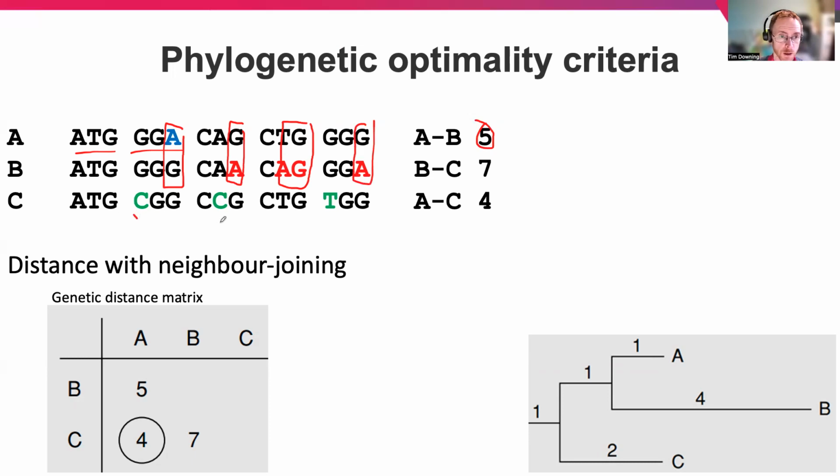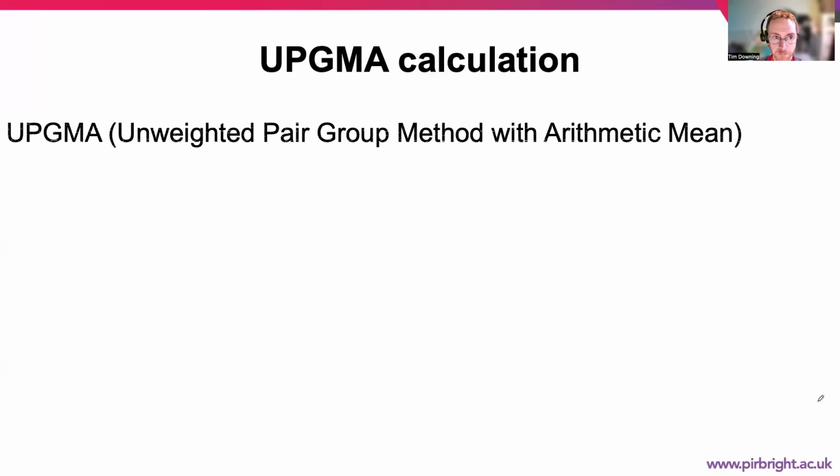We've got 1 change here, 1 change here, 1 change here, and another change here, so what we can see is that they have 4 differences between A and C. Therefore we can cluster those samples together first and merge those into a single node here and compute the distance between that node and B. So this is known as the UPGMA tree, unweighted pair group method with arithmetic mean.